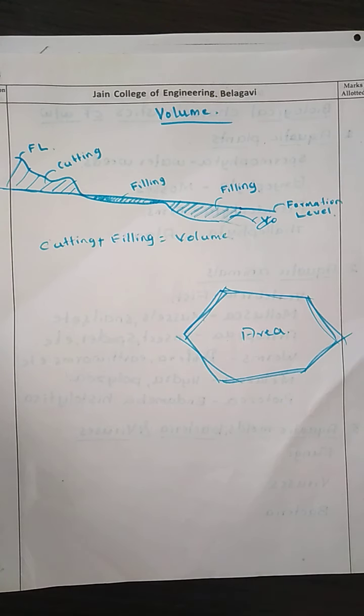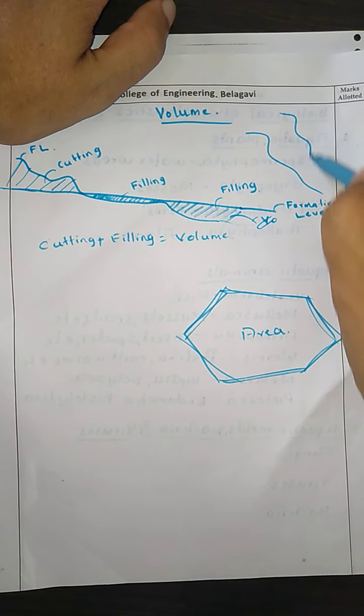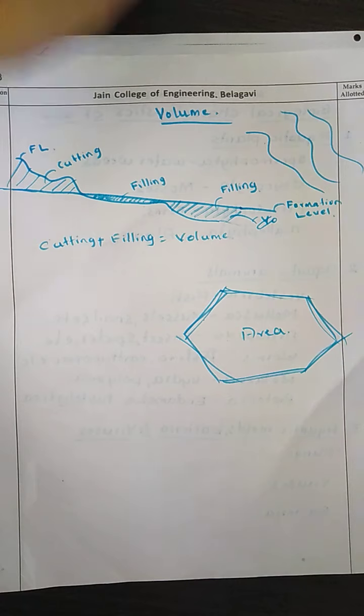Now why is volume necessary? Suppose you are going to construct a road or a building or any type of infrastructure. What we want is the surface to be exactly horizontal. We cannot construct our building on very undulated land, right?